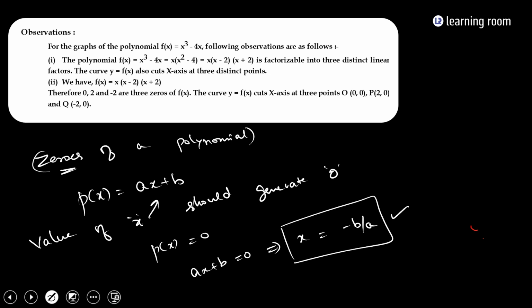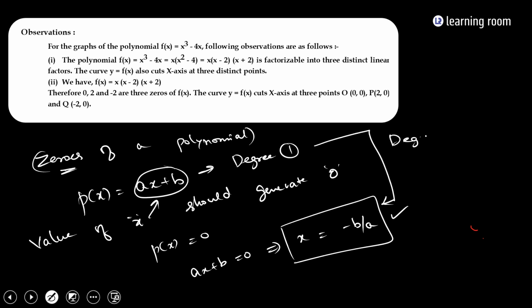Now the question is, what degree polynomial is this? Linear, of degree 1. So a polynomial of degree 1 is going to have how many zeros? 1. What can you conclude? Can I say that degree decides the number of zeros? Yes, sir.